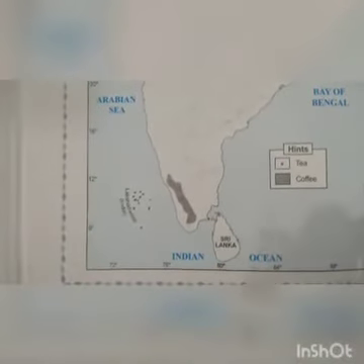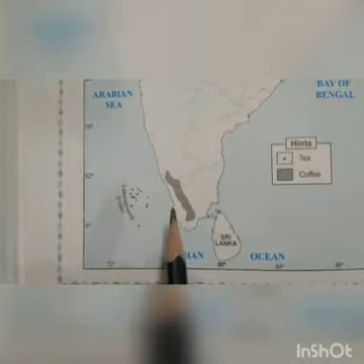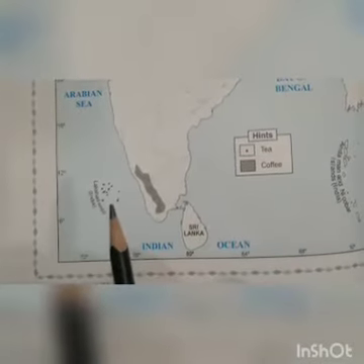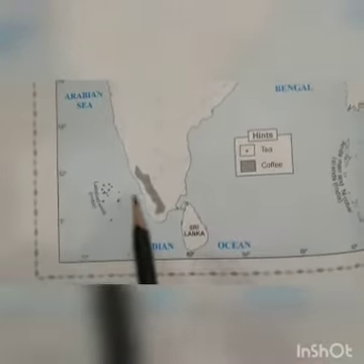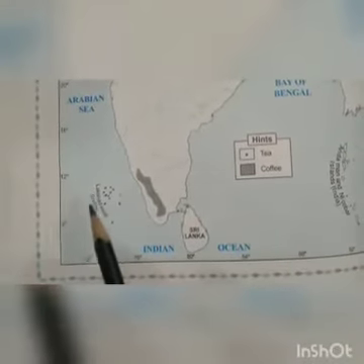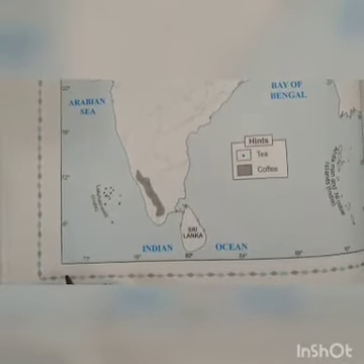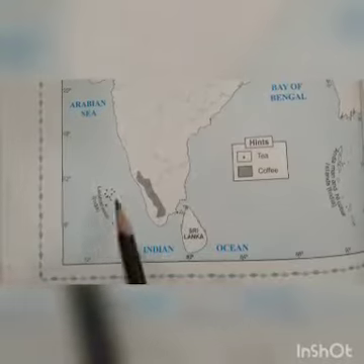Now these islands lie close to the equator, experience equatorial climate, and have a thick forest cover. Why equatorial? Because these islands are located near the equator. So this is 8 degrees and 0 degrees somewhere here. It is just near the equator.